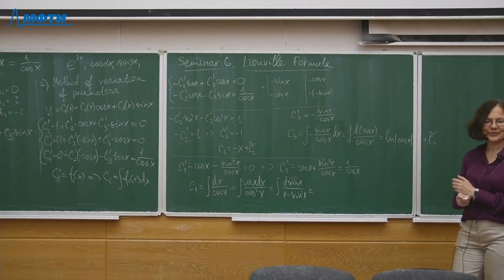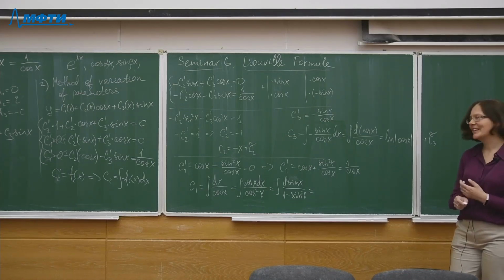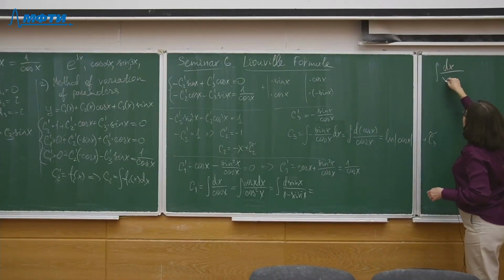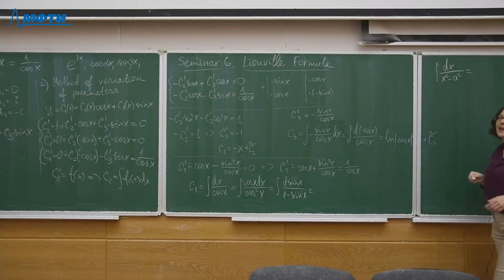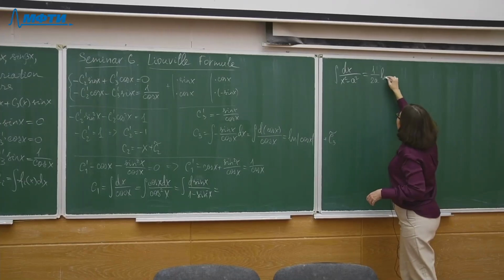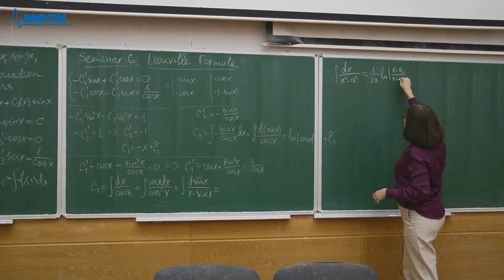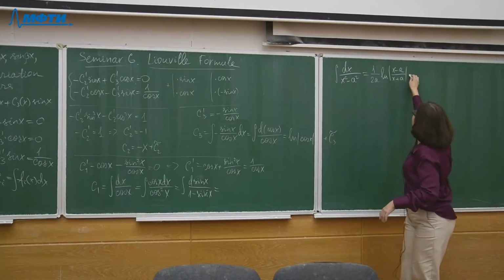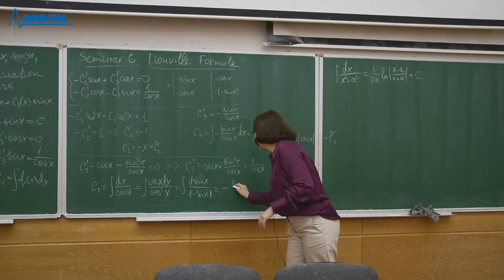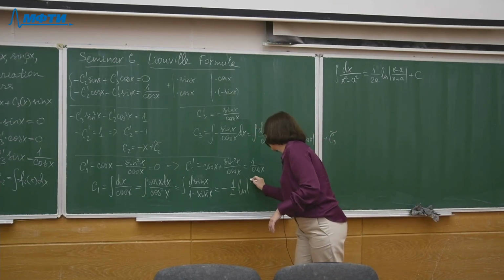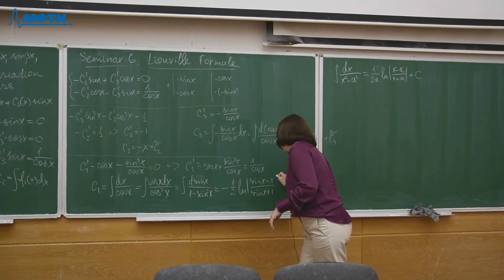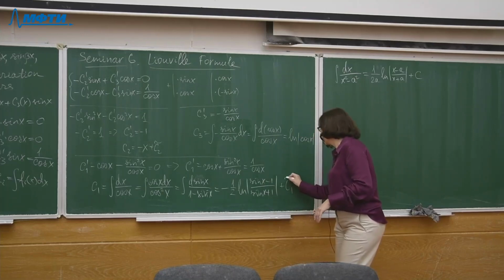No, so you should memorize it. Right, so it is like dx over x squared minus a squared. What is the answer? Logarithm, right, 1 over 2a. Correct. And so the answer is we should change the sign, minus 1 over 2 the logarithm of sine x minus 1 over sine x plus 1 plus c1 tilde.